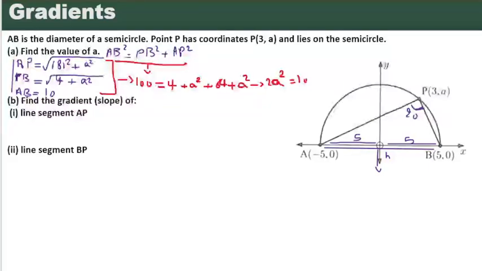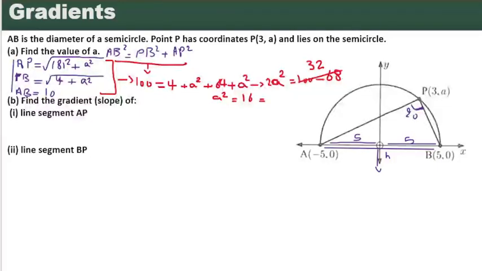So I will say 100 minus 68, which gives me 32. So I write 2a squared equals 32. To get rid of this coefficient of a, I divide both sides by 2, which gives 16.